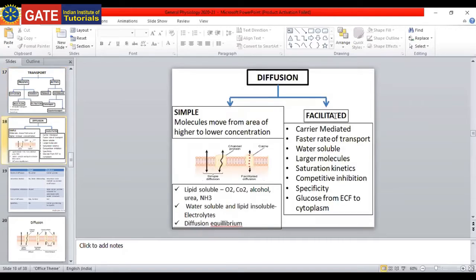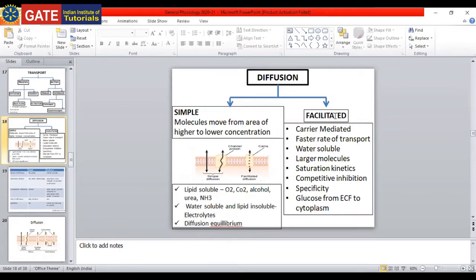Now, diffusion has two types, simple diffusion and facilitated. First of all, we have to understand what is diffusion. So here, what moves? You can take the help of the slide. Molecules, right?